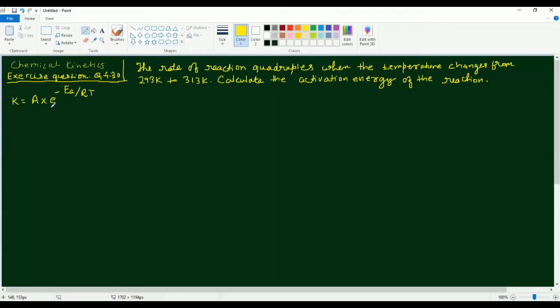The linear form of this equation is natural log of K is equal to natural log of A minus EA by RT, natural log of e base e, which will become 1.